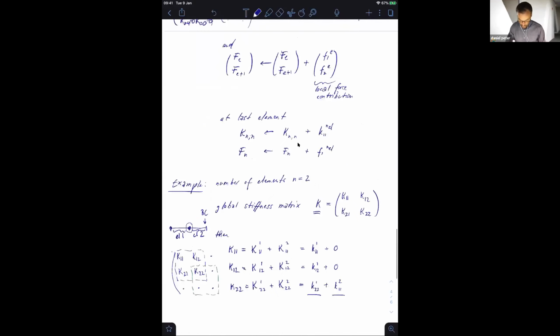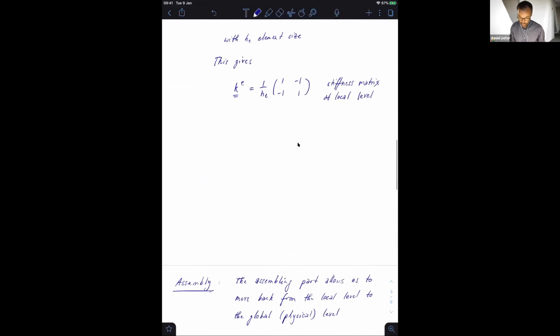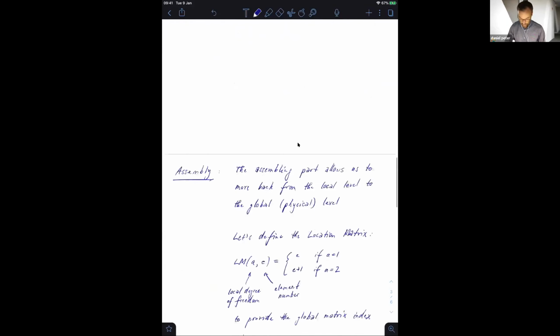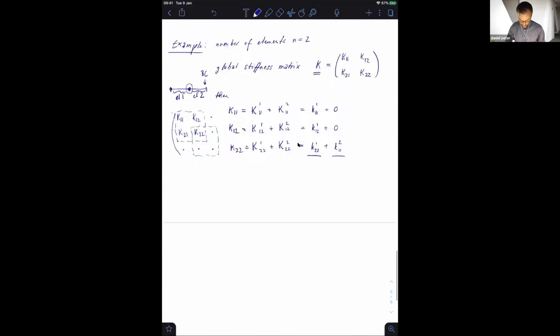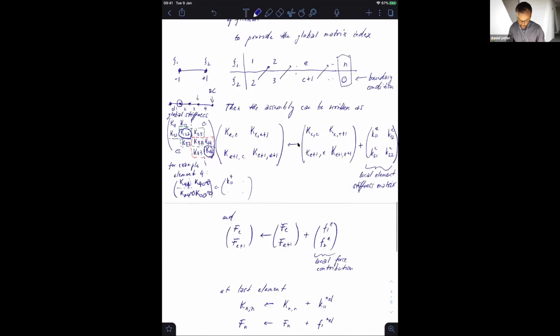So what are these contributions? We have them here. So those are our local level contributions. So let's see, for example, K11. That would be 1 over H1 times 1.